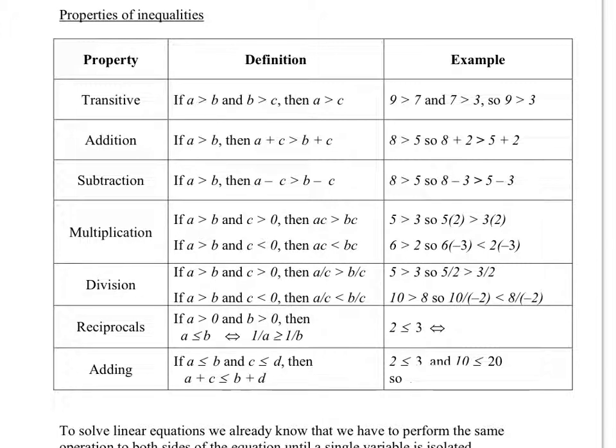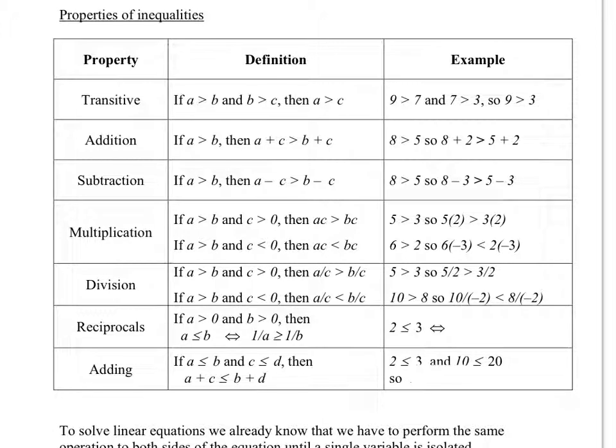With reciprocals, something strange happens. Reciprocals, remember, is when you have 1 divided by a number. So if we look here and we think about what would be 1/2 compared to 1/3, well, would you rather have 1/2 of a pizza or 1/3 of a pizza?